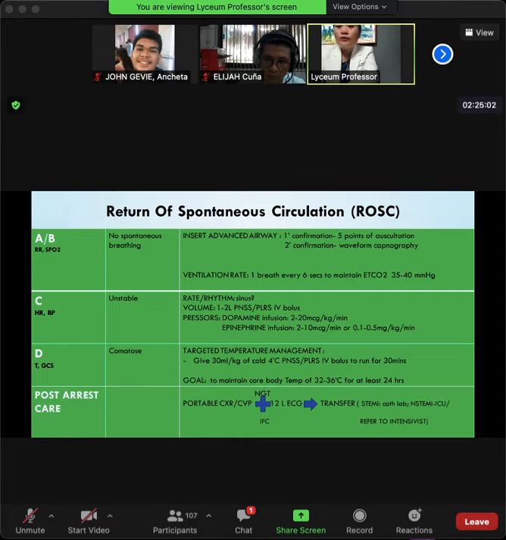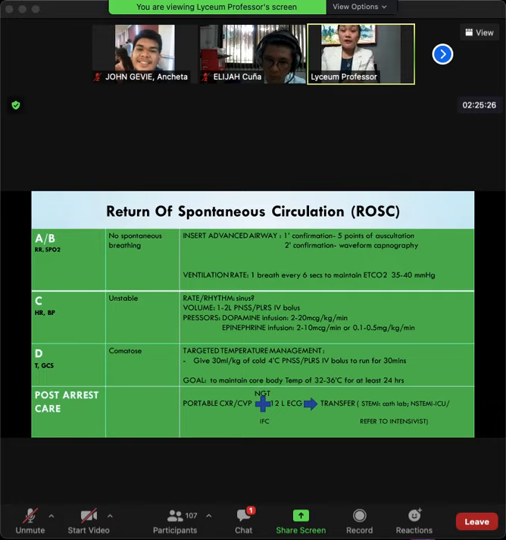Your goal for the targeted temperature management, the core body temperature should be 32 to 36 degrees Celsius for at least 24 hours. Okay, after that, if the GCS of your patient is already going up, then you can opt to stop the targeted temperature management.